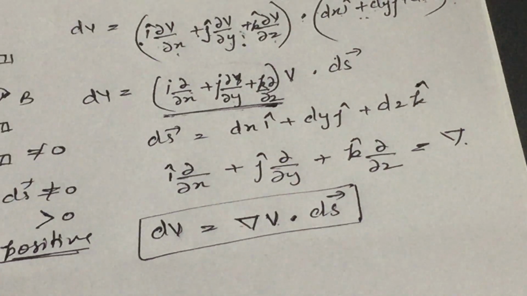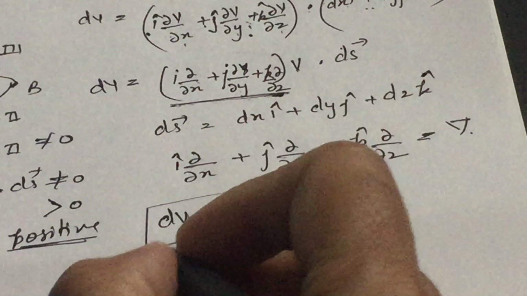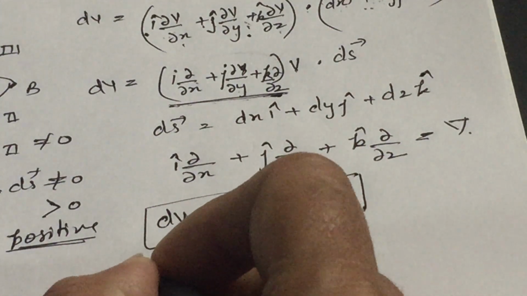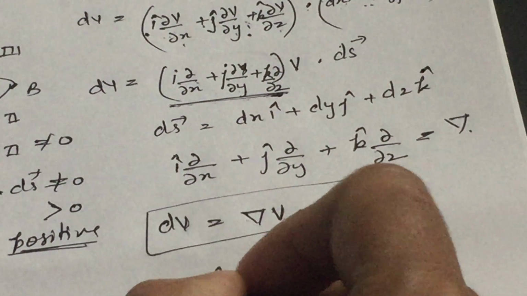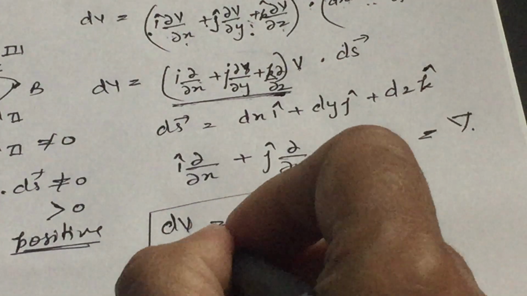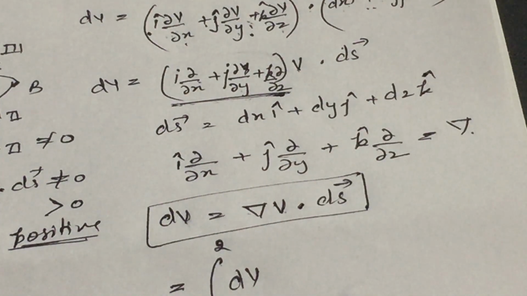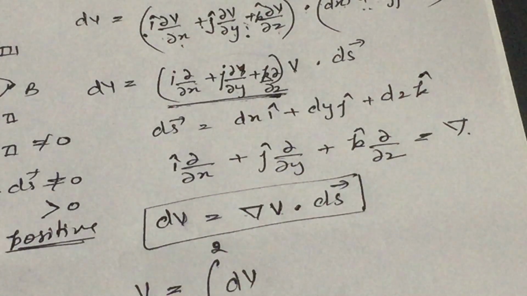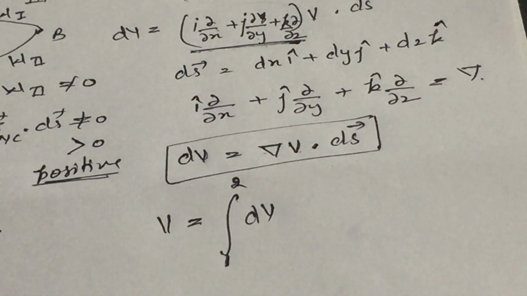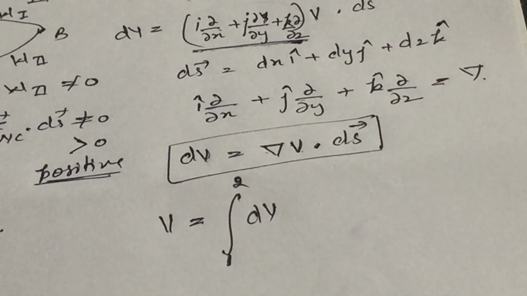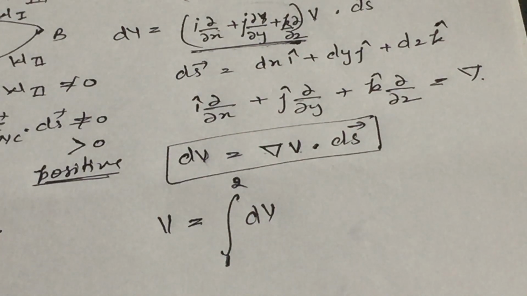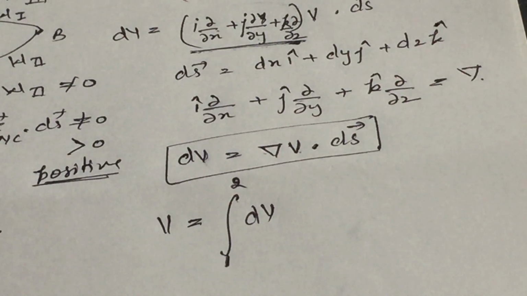If the position of the particle is changing from 1 to 2, then the total potential energy can be given as the integration of the small changes in the potential energy or small changes in the position of the particle.